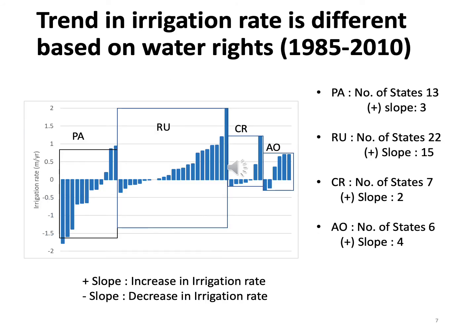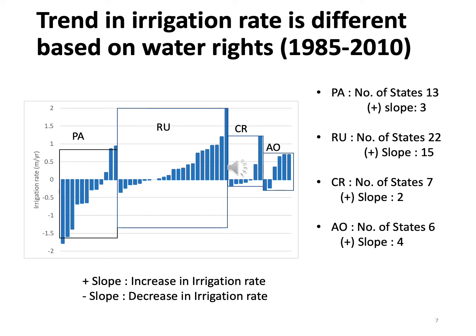A non-parametric Mann-Kendall test with Sen's slope estimator. So this slide shows the trends in irrigation rate for different water rights. PA is followed by 13 states, and 3 of the states are showing positive slopes, which means an increase in irrigation rate. In the case of RU, 15 states out of 22 have increased irrigation rate.